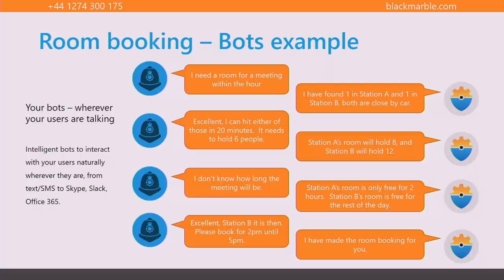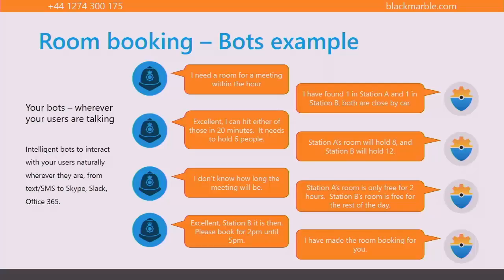The bot maybe will know exactly where we are. So we actually want to ask, I want to book an interview room, and I have so many people. But I might just say, I want an interview room. The bot will work out where you are and say, well, actually, I've got interview rooms in 2 or 3 stations. Station A might be closer, but there's bad traffic, because the bot can look up the traffic for you.